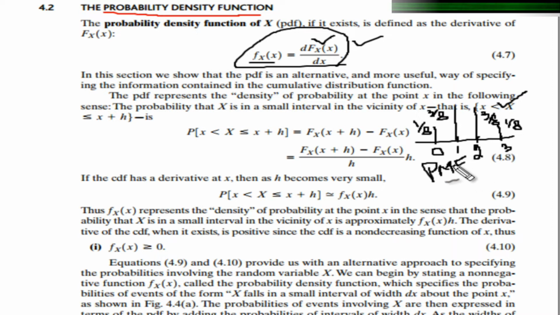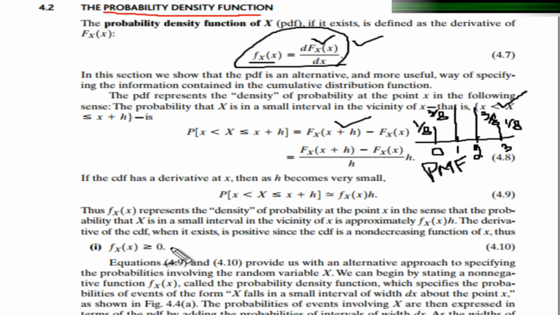So this is the probability mass function, and this is the basic equation of finding the probability mass function. This is the equation which is used for finding the derivative. You have also seen this equation in your FSC. So if capital letter is used for the CDF, the smaller letter will be used for the PDF.